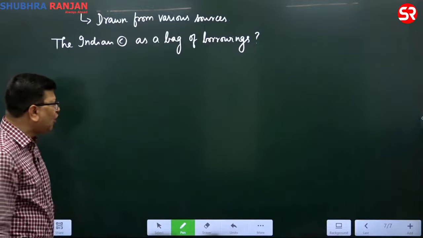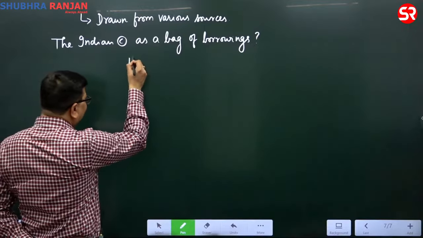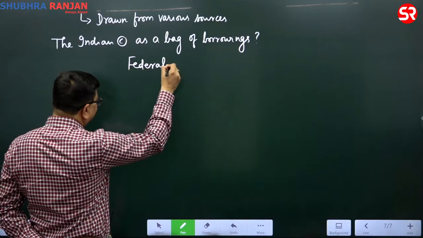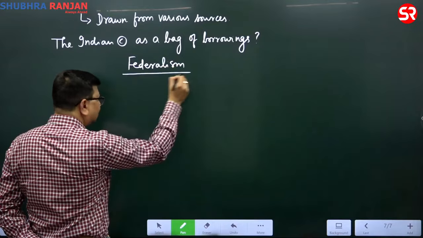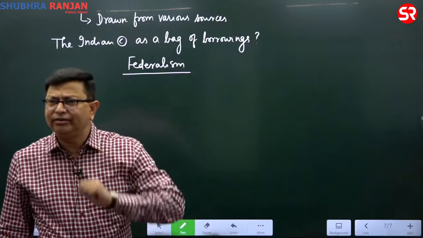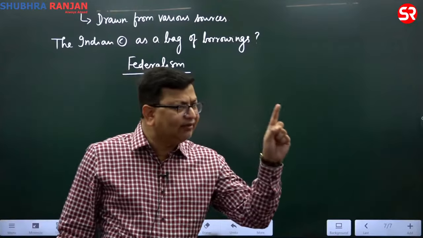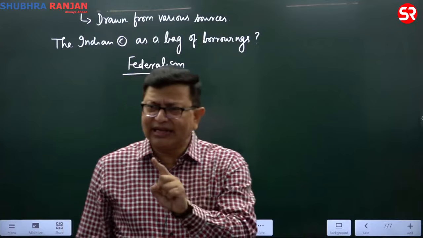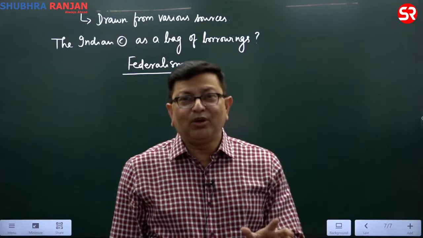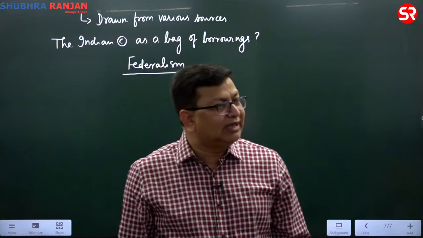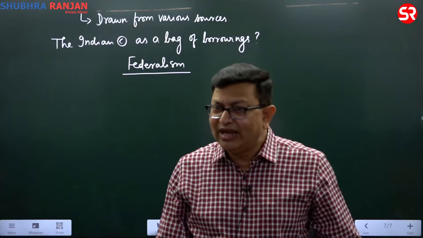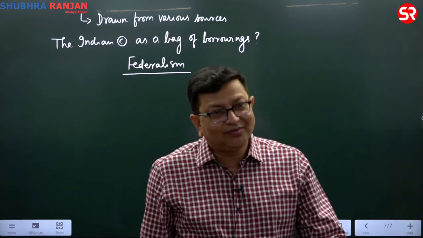First of all, if we talk about this concept of federalism, federalism means two sets of government, one at the central level, other one at the state level. That is a federal system. In most of the books, you will find it is written that we have taken federalism from America.